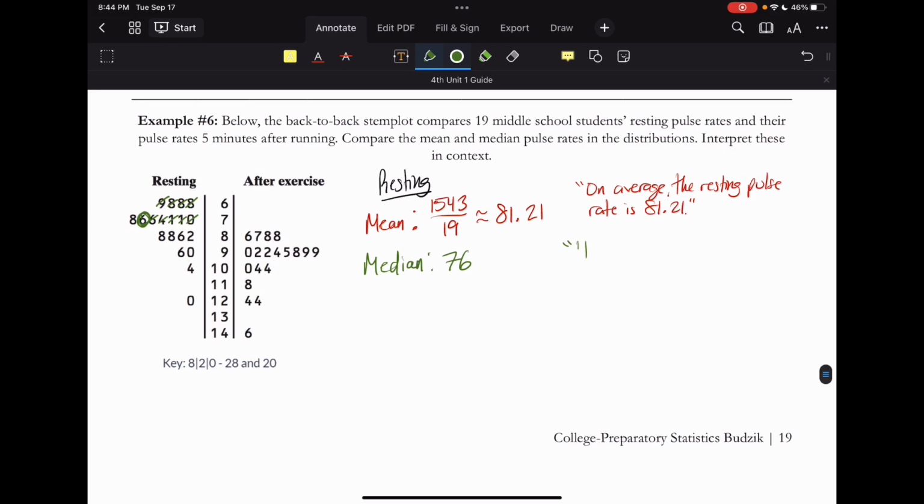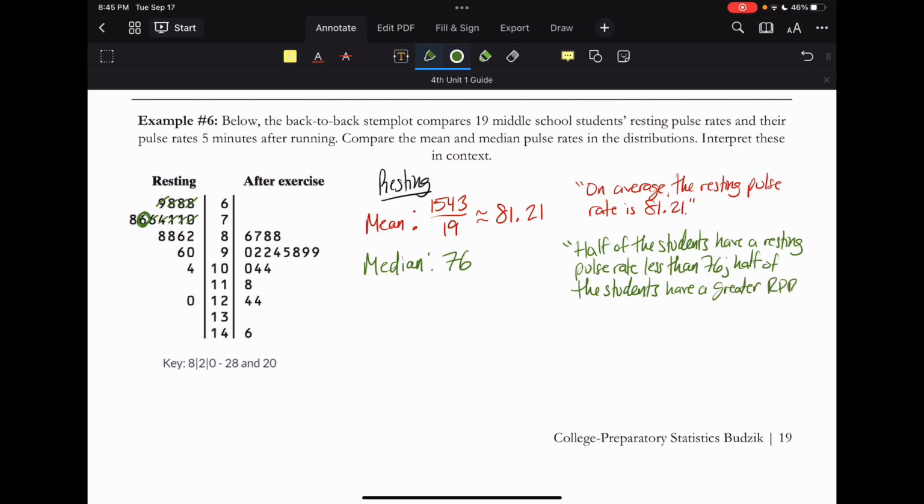So we can say half the students have a resting pulse rate less than 76. And then half of the students have a greater one. I'm just going to put RPR for resting pulse rate.